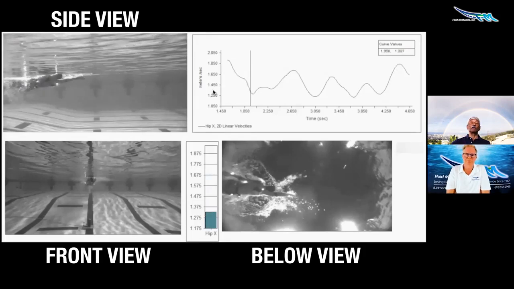This is the hip velocity over time, expanded over 2 strokes. Here's the entry of the right hand right there. As we scroll through, you see 2 strokes, and that's all we can film, because the camera can only capture that field of vision.